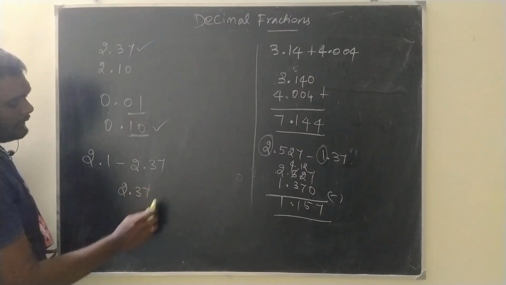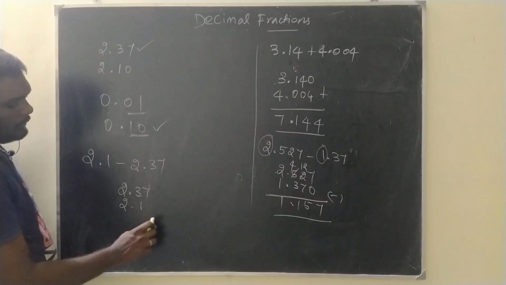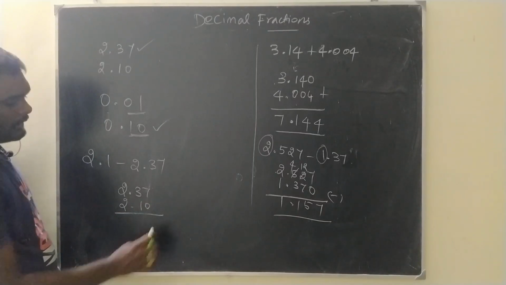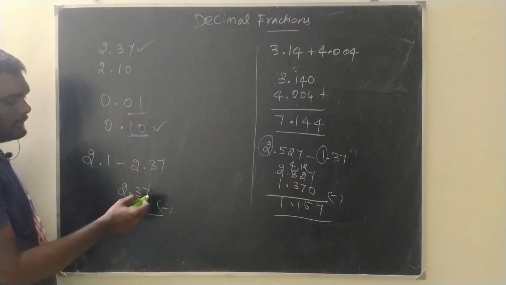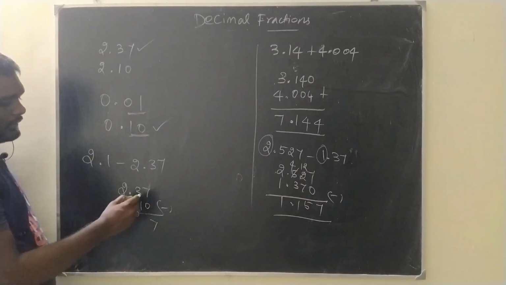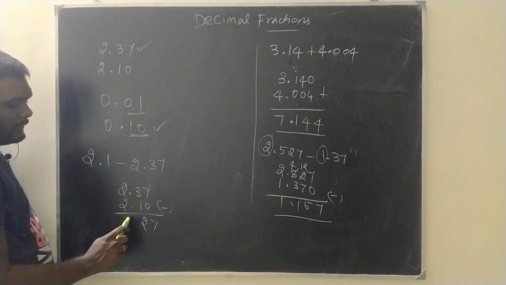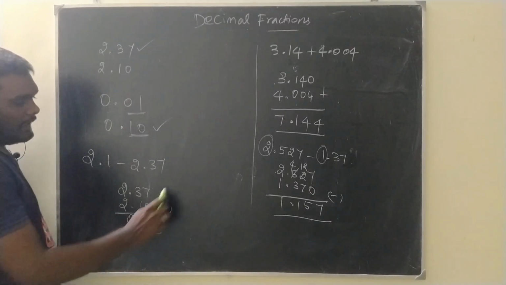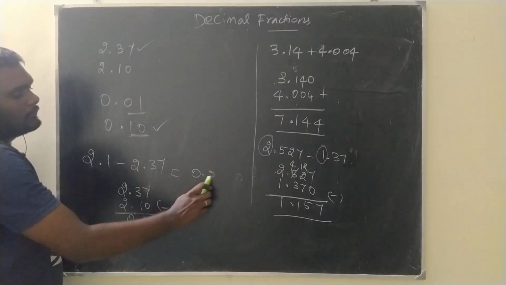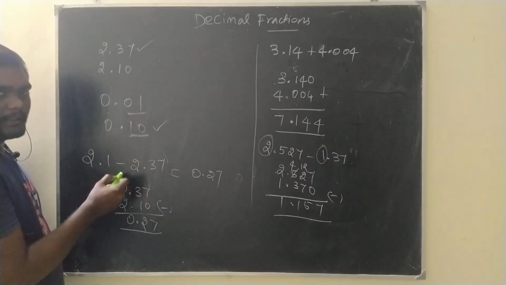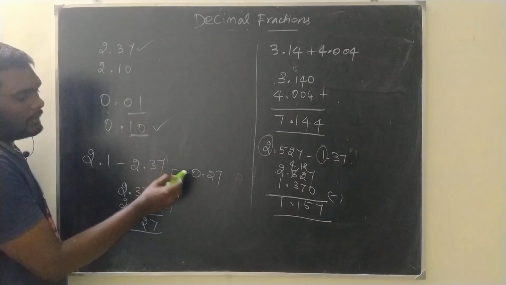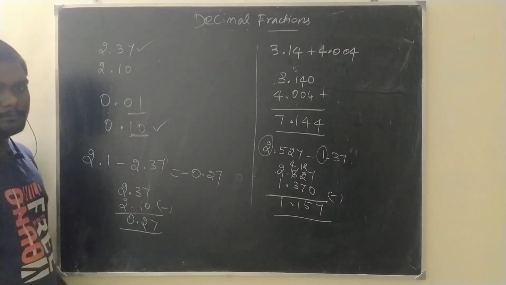So from 2.37, 2.10 has to be subtracted, and then we put the greater number's sign. 7 minus 0 is 7, 3 minus 1 is 2, 2 minus 2 is 0. The answer is 0.27. But since the greater number has the negative sign, the negative should come.